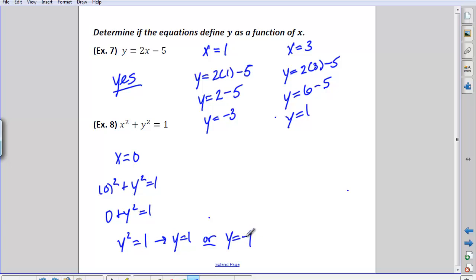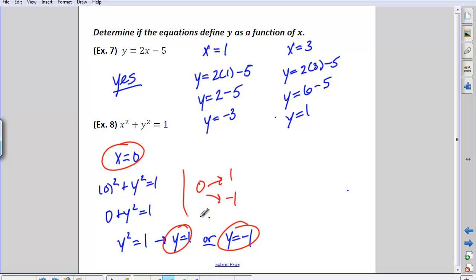If I square a negative 1, negative 1 times negative 1, that's also positive 1. So in other words, here I started with an x value of 0, and in the end I could have two possible y values. X value 0, two possible y values can work there.